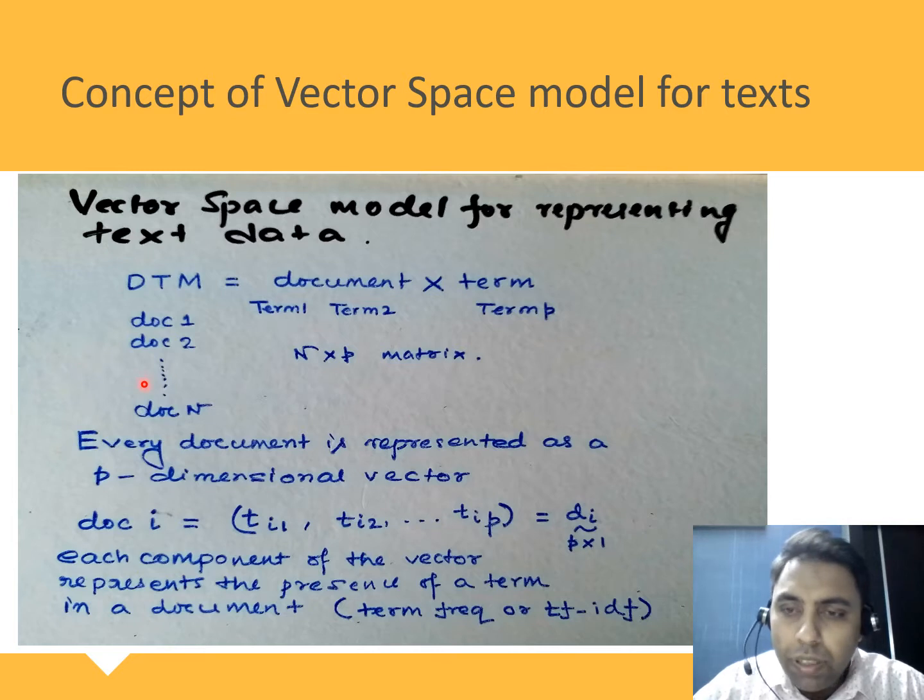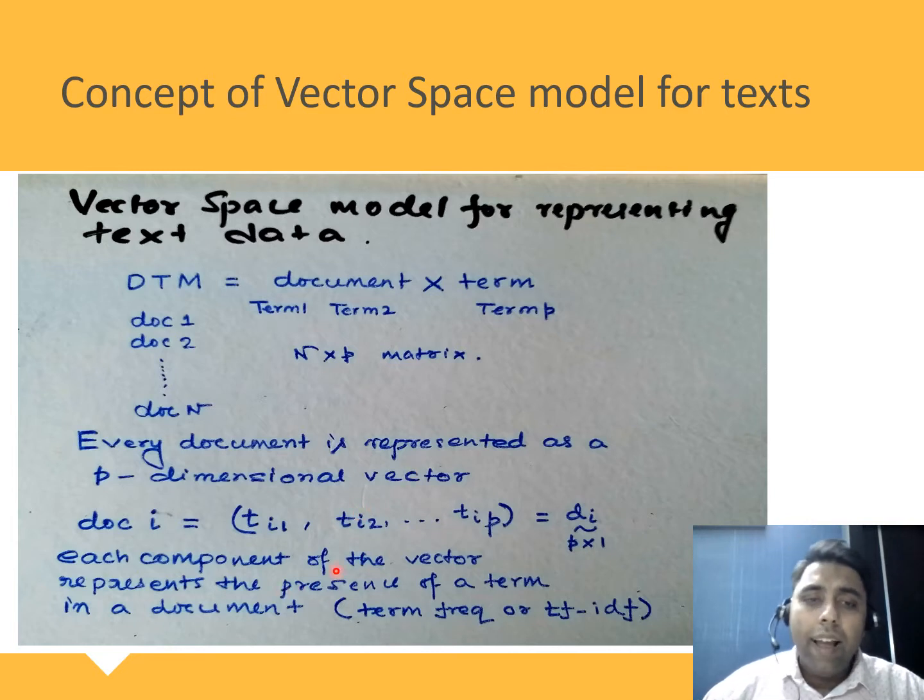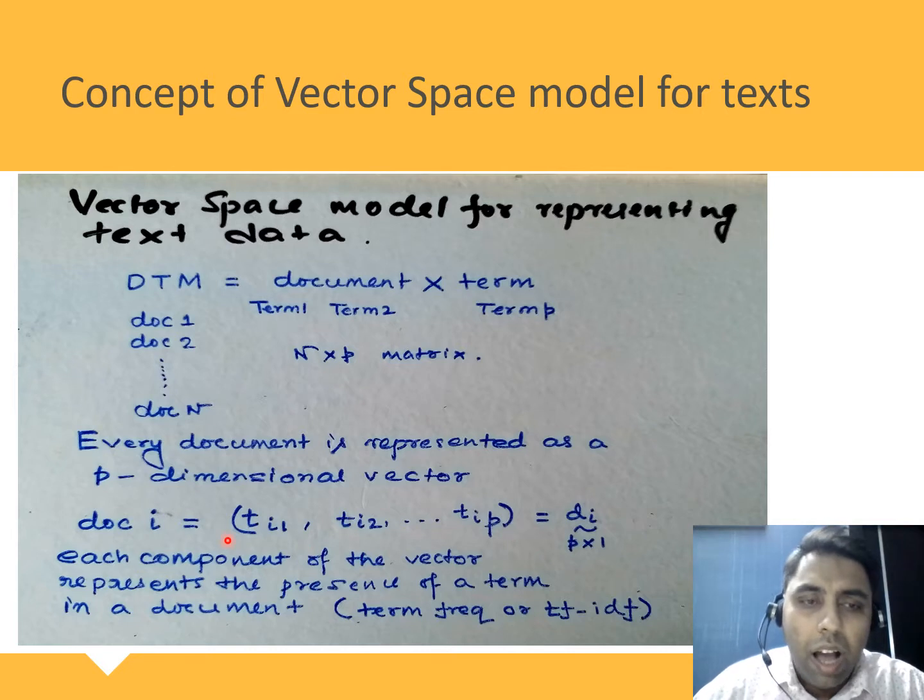So the document I can be represented by the ith row of the document term matrix, and the ith row will give us the counts of how many times different terms have appeared in the document I. And this representation can be interpreted as a vector space representation, because the ith row of the document term matrix can be interpreted as a p-dimensional vector, right?